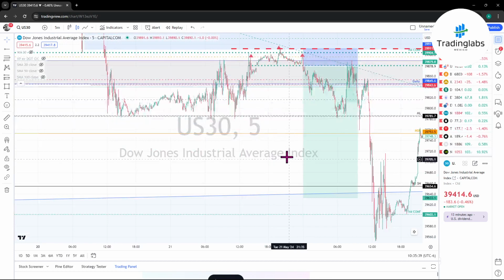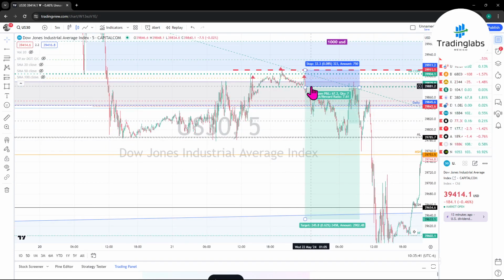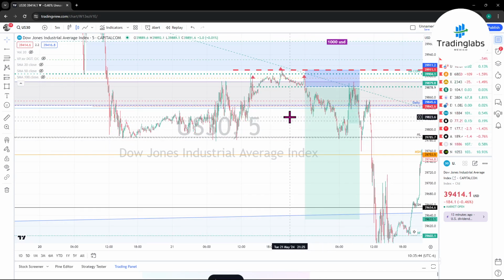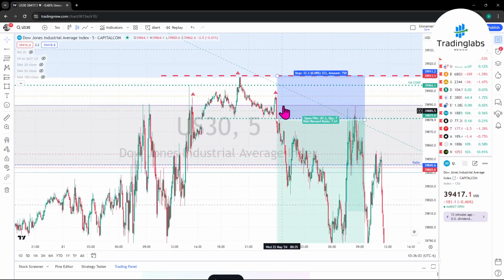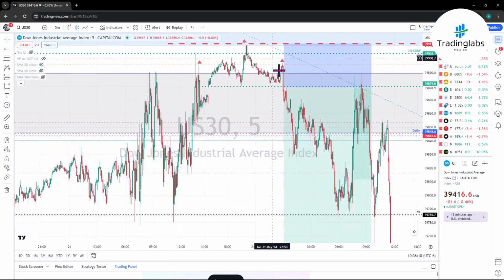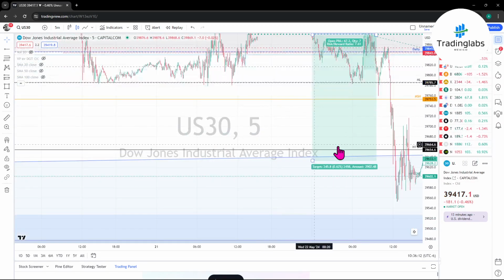But the entry size is for $1,000 of power. So what I'm doing is my power size is $1,000, but I only invest a maximum of $300 of stop loss. I am very sure that the stop loss is the price above here where I'm out, but I am only risking $300 to make potentially more than $1,000.